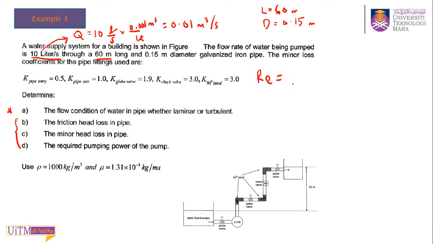Reynolds number equals rho times V average times D over mu. You have your rho, for water it is 1000. You have the diameter 0.15, and the dynamic viscosity mu 1.31, but you don't have the V. How can we calculate the V?